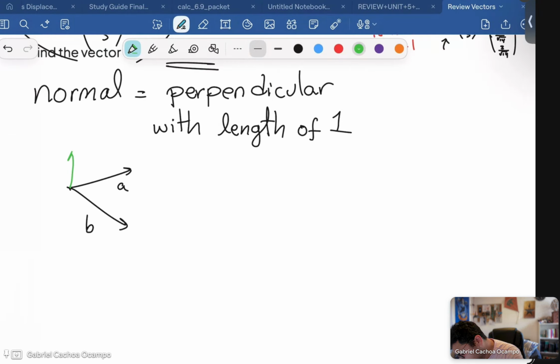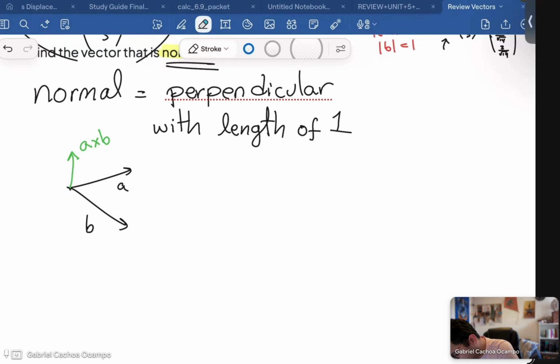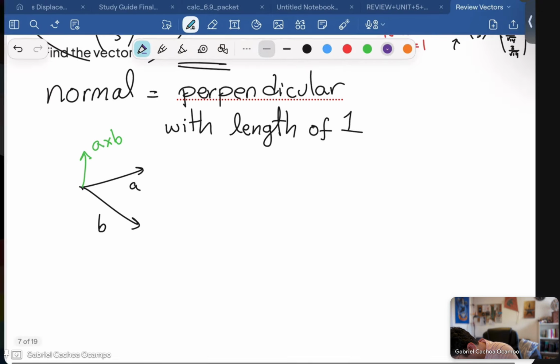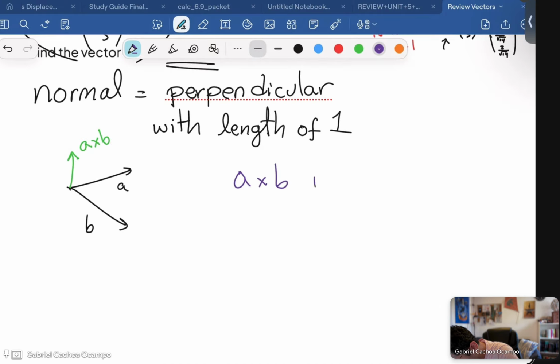Remember that that is exactly the cross product. The cross product is perpendicular to each of its factors. So A cross B is perpendicular to A and to B. It's one of those things that you need to know by memory.